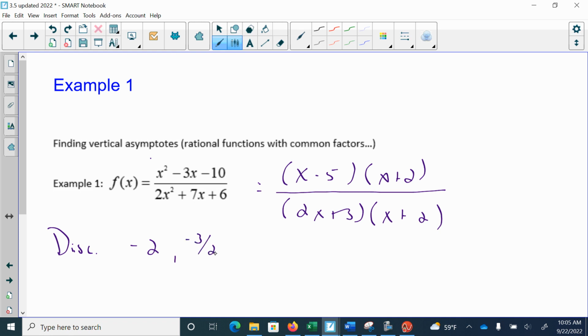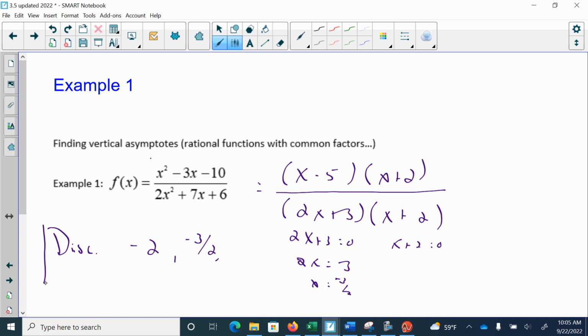You have to set this 2x plus 3 equal to 0. That's how I get the negative 3 halves. The x plus 2 you set equal to 0. That's how I get the negative 2. Subtract 3, negative 3. I just asked where it's discontinuous.